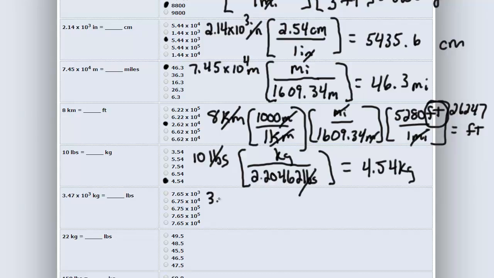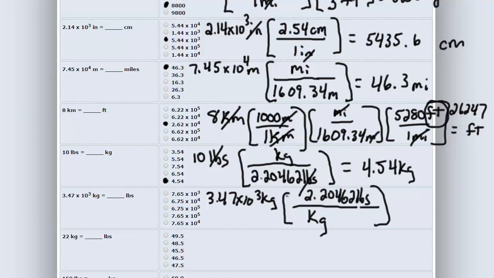So 3.47 times 10 to the third kilograms. And we want to go to pounds. And so now our conversion factor has kilograms in the denominator and 2.20462 pounds in the numerator. And the kilograms will drop out, and my answer is going to be in pounds.